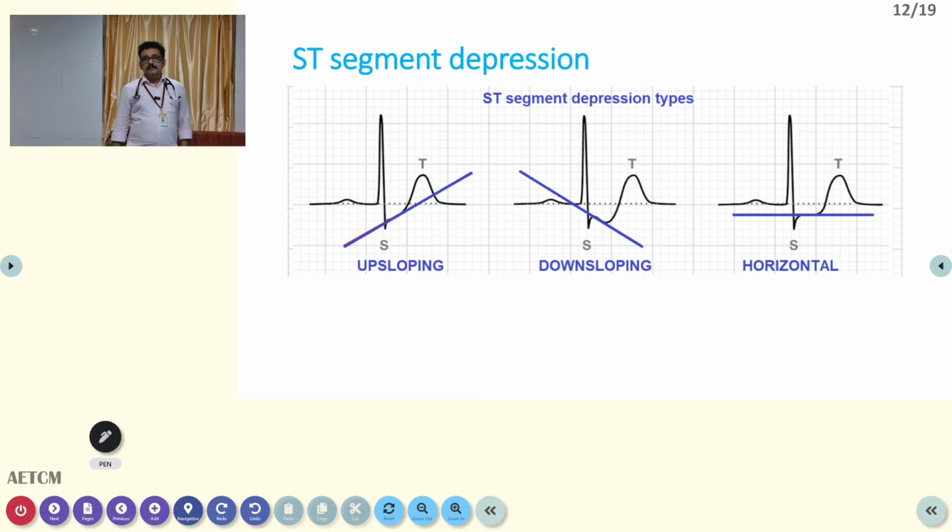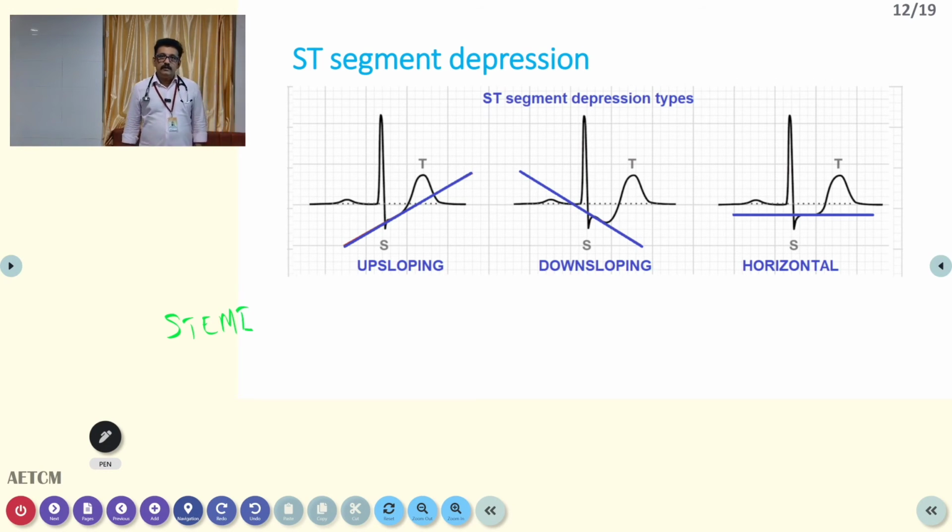Now, ST depression is on the opposite side. This is mostly a feature of ischemic heart disease, whereas ST elevation is a predominant feature of myocardial infarction. But in both these conditions, whether it is ST elevation or ST depression, if you have elevation of the cardiac enzymes, then it is myocardial infarction. If there is ST elevation with elevated cardiac enzymes, you call it STEMI, ST elevation MI.